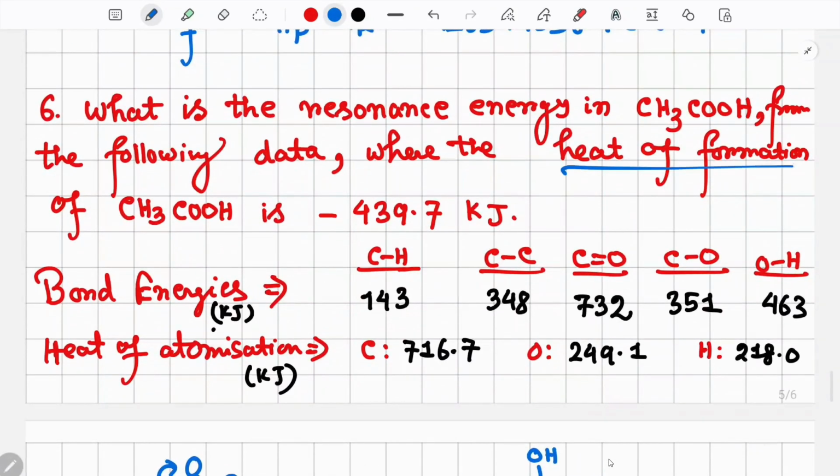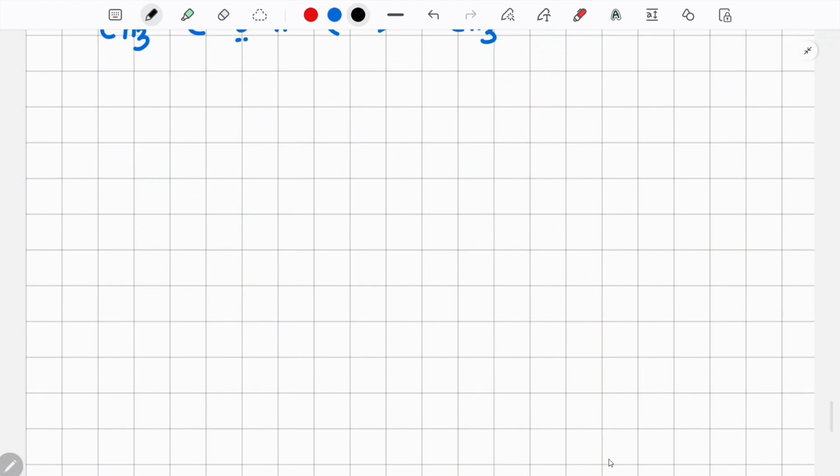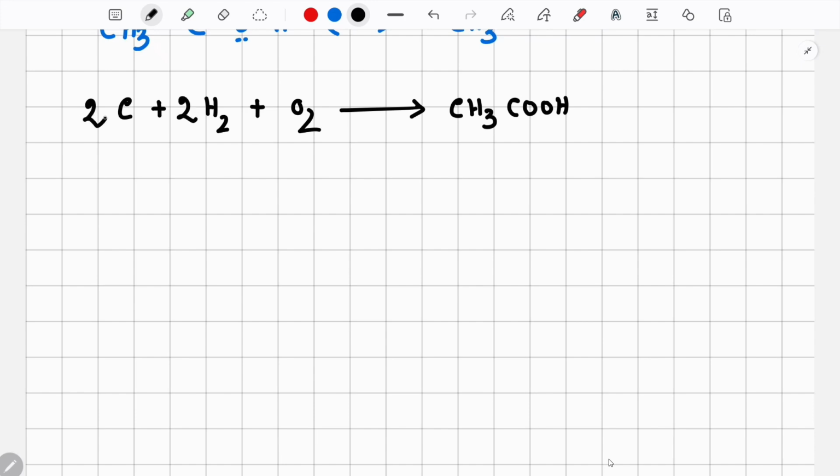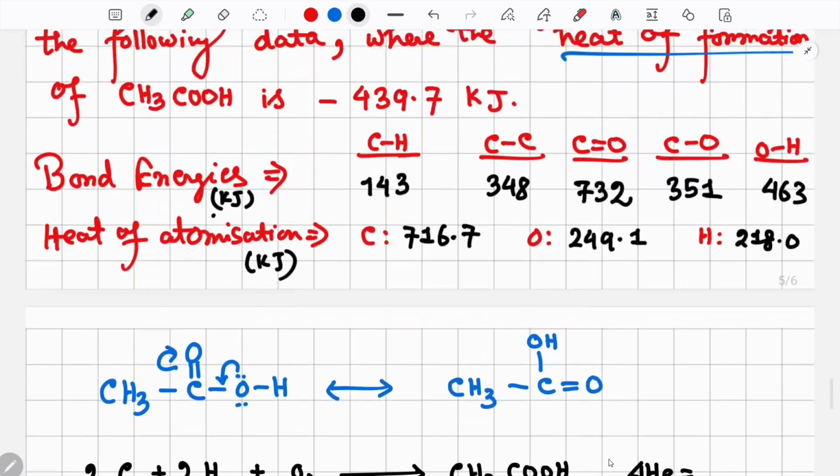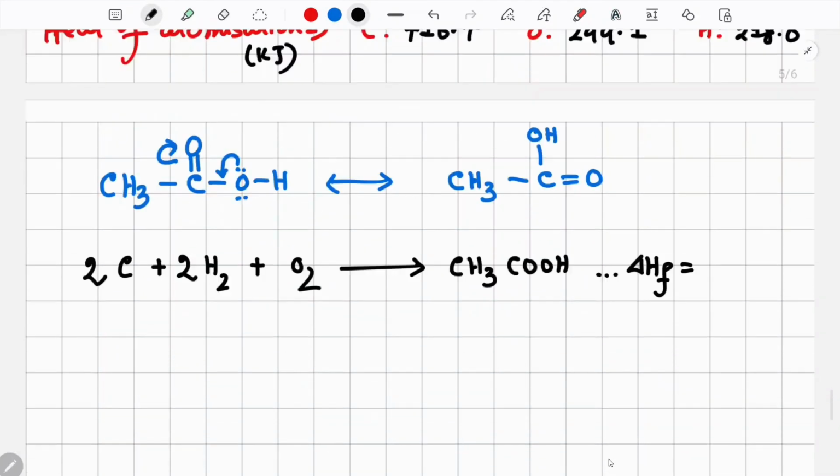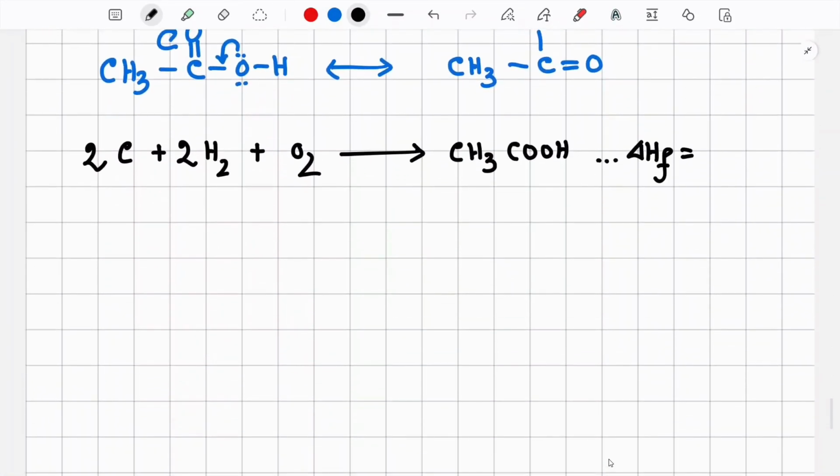What is the heat of formation? It is for forming pure acetic acid from standard carbon, hydrogen, and oxygen. If you balance it, it will be just this. That is known to us. That is minus 437.7, 439.7.